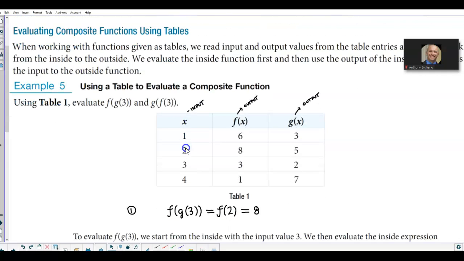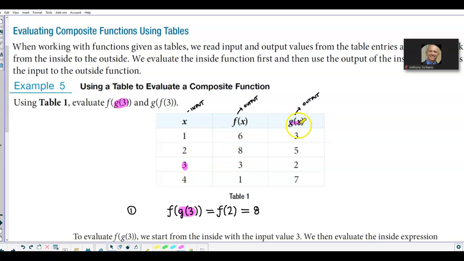If we want to first evaluate f of g of 3, we first need to figure out what g of 3 is. To find g of 3, we determine what the input on the inside is. Well, the input is 3, on the function g of x.